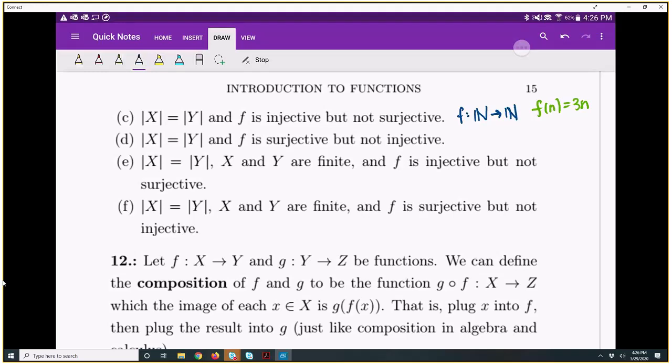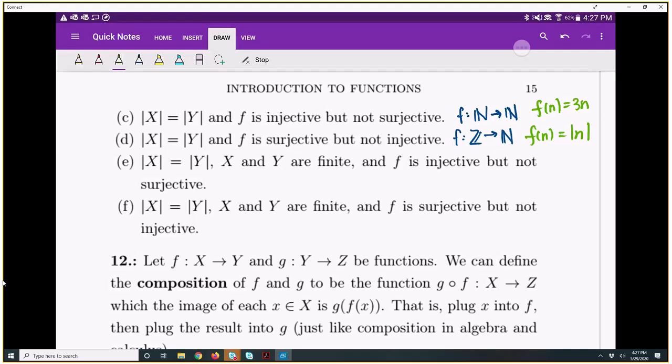We could also have that if I took a function from the integers to the natural numbers and I defined it by f of n is equal to absolute value of n, for example. The cardinalities of the integers and the natural numbers are equal. They're both infinity.